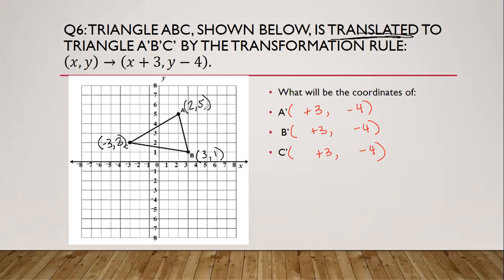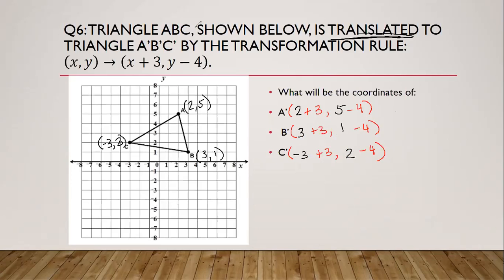Then I just take each one of my points. A goes to A prime, B goes to B prime, C goes to C prime. So for A, my x is 2, my y is 5. For B, x is 3, y is 1. For C, x is -3 and y is 2.